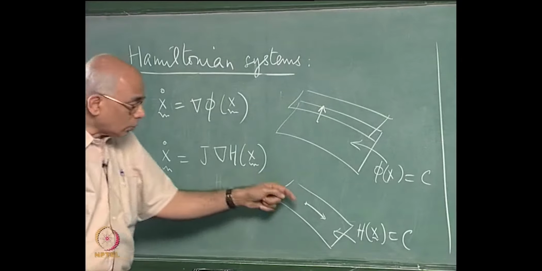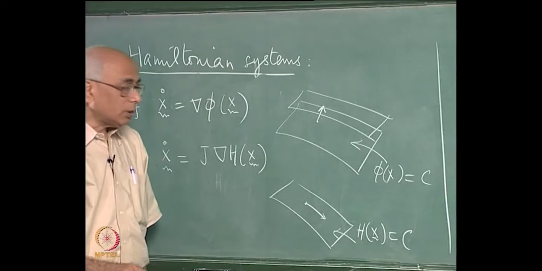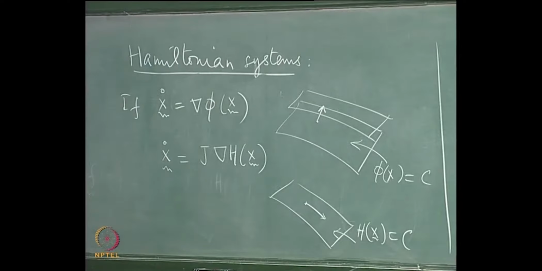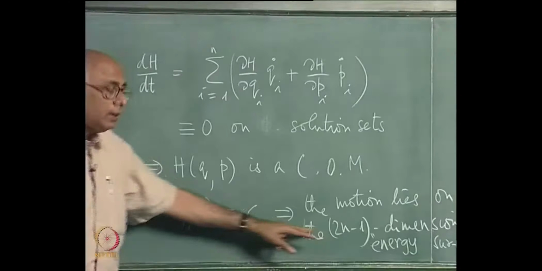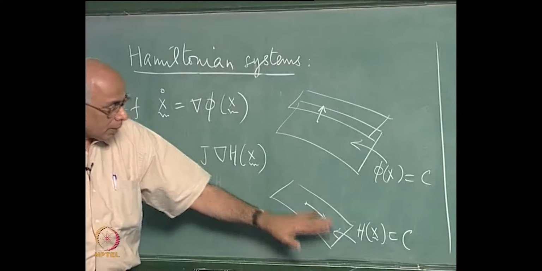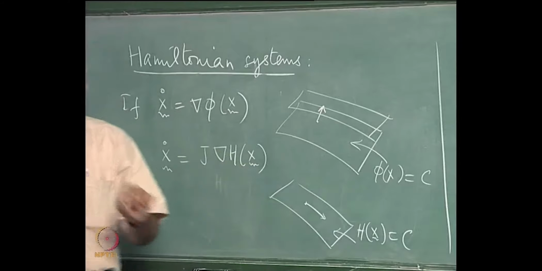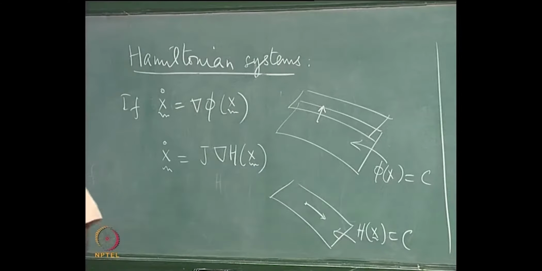So it continues as time goes on for any given set of initial conditions. This motion is restricted to the 2n minus 1 dimensional hypersurface specified by H of x equal to that value of the constant which it has owing to the initial conditions.